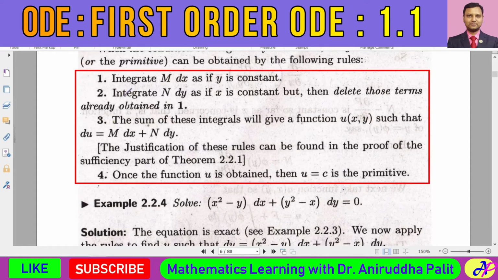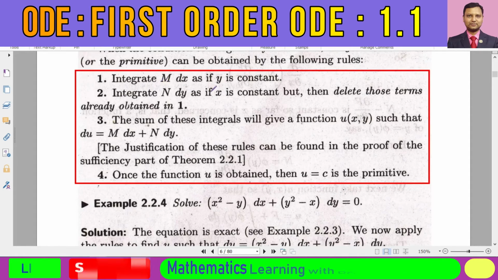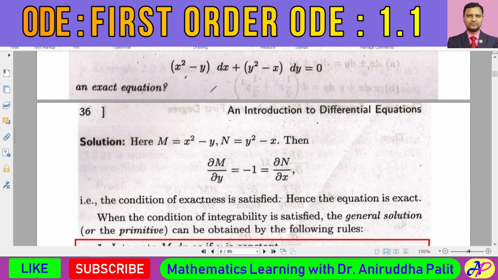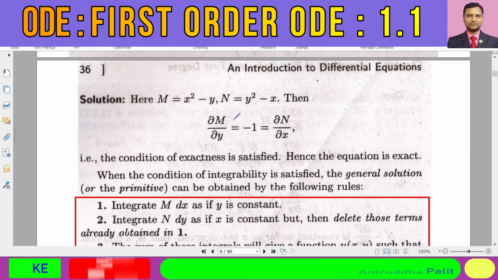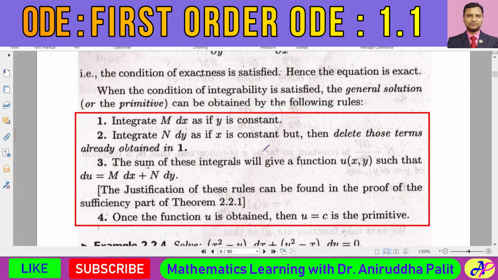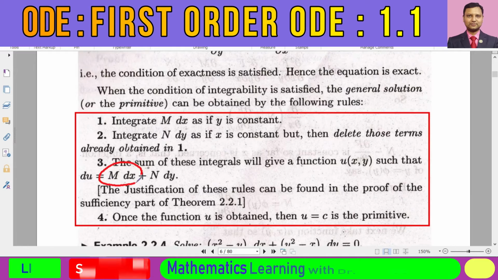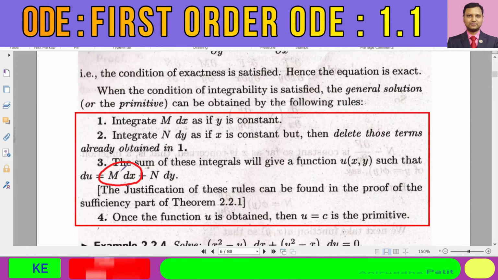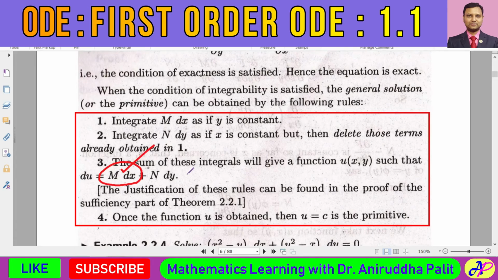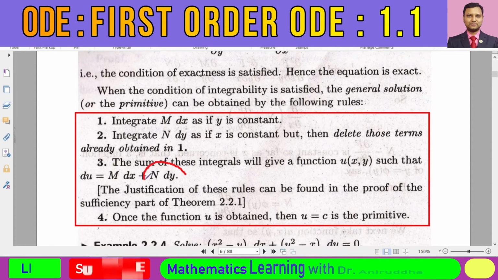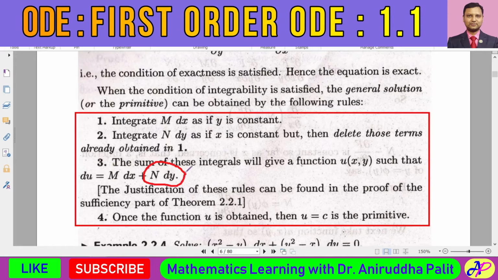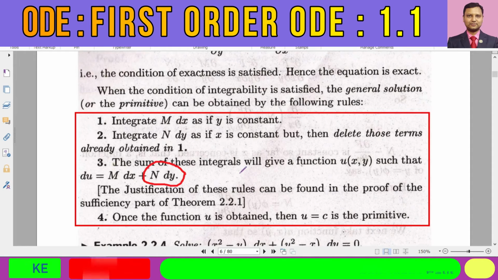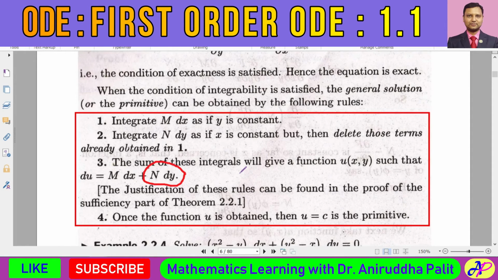What are the steps over here? We have to integrate the first part. That means the function is given in this form m dx plus n dy. So we have to integrate this expression m dx with respect to x, keeping y constant. Then we need to integrate this second expression n dy with respect to y, keeping x constant.